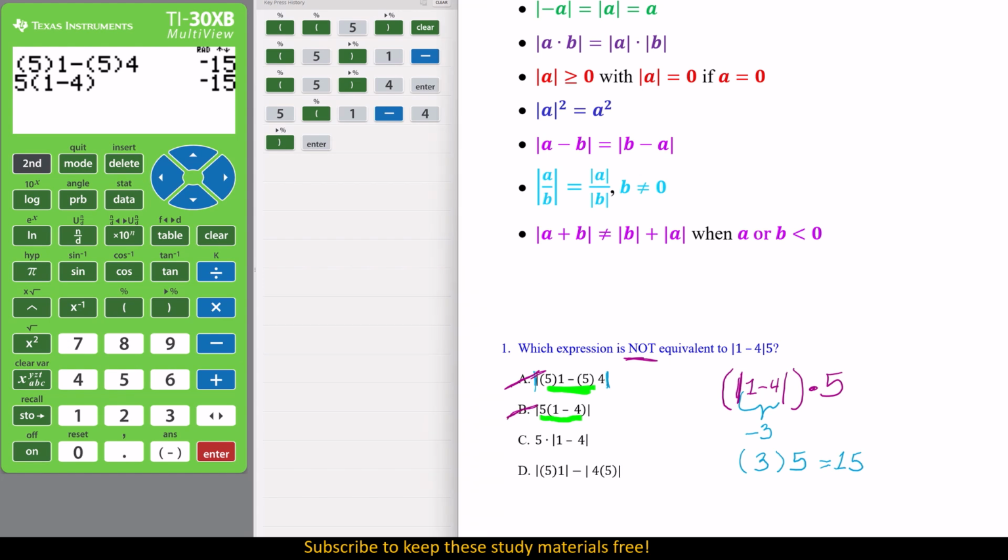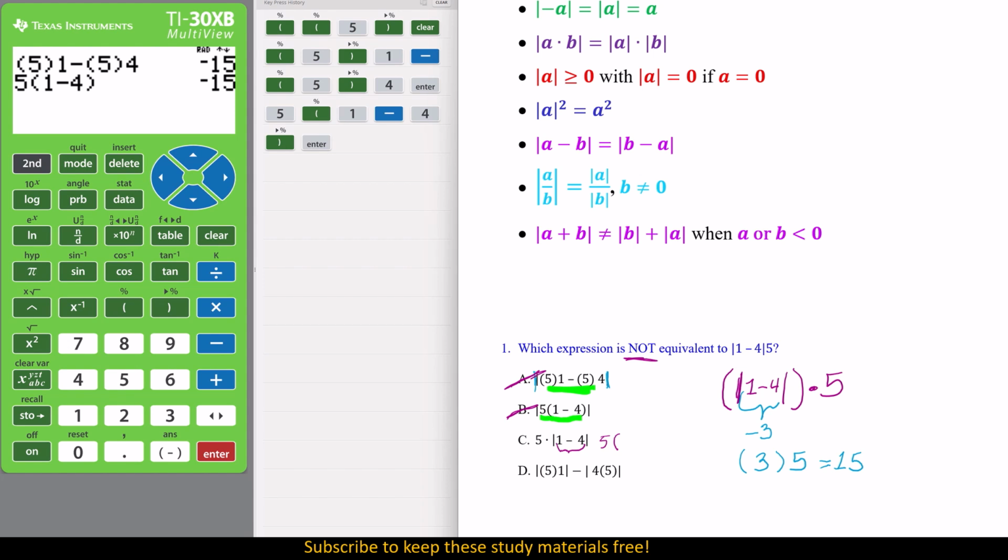Let's look at C. And how do we deal with that? Well, our calculator doesn't have absolute value. So we need to take this and apply the absolute value separately. So we have 5 and then in parentheses, well, 1 minus 4 is negative 3.